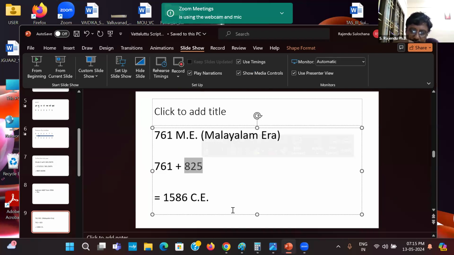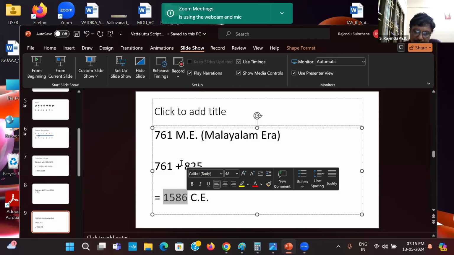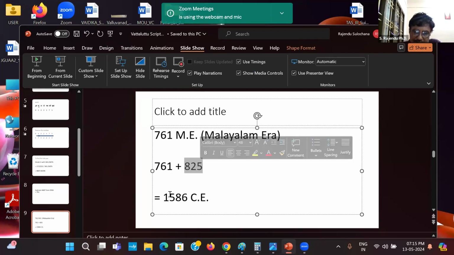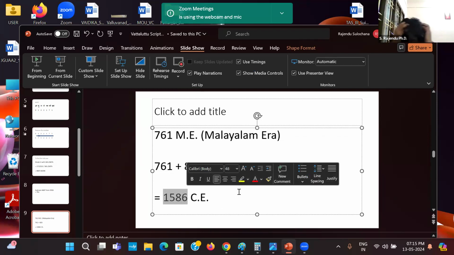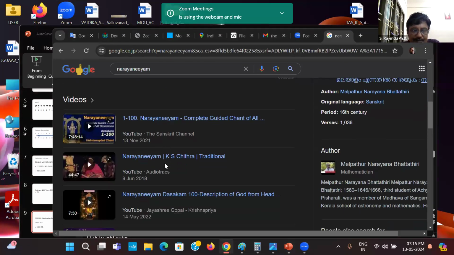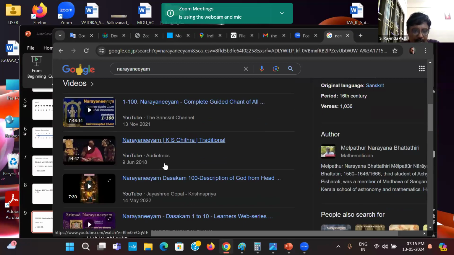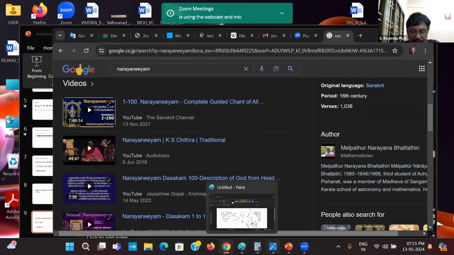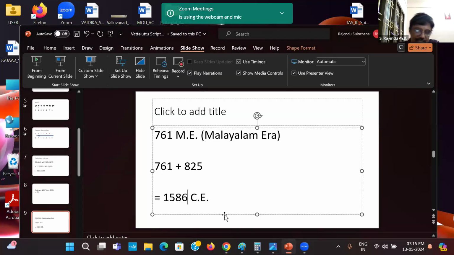Therefore, to know the corresponding common era, you add 825 with 761. You get 1586 common era. This denotes that Narayaniyam was written by Melpattur Narayana Bhattathiri in the year 1586.